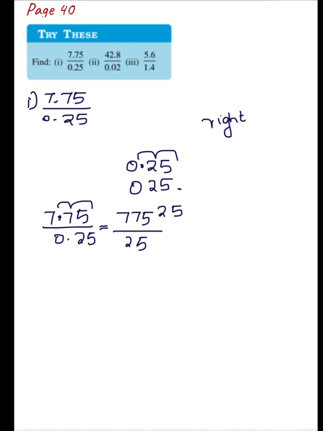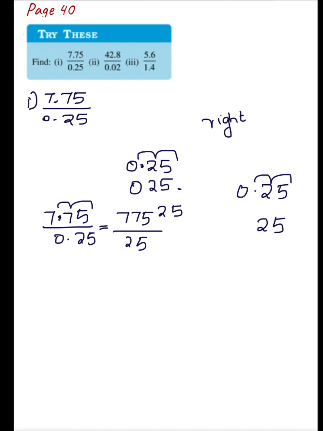Understand? The first step is that you have to remove the decimal point from the denominator. Our denominator was 0.25. In order to remove this decimal point, you have to move it 2 places to the right. Only then you will get 25, the denominator as a whole number. Since you have moved 2 places to the right in the denominator, you have to do the same in the numerator also.